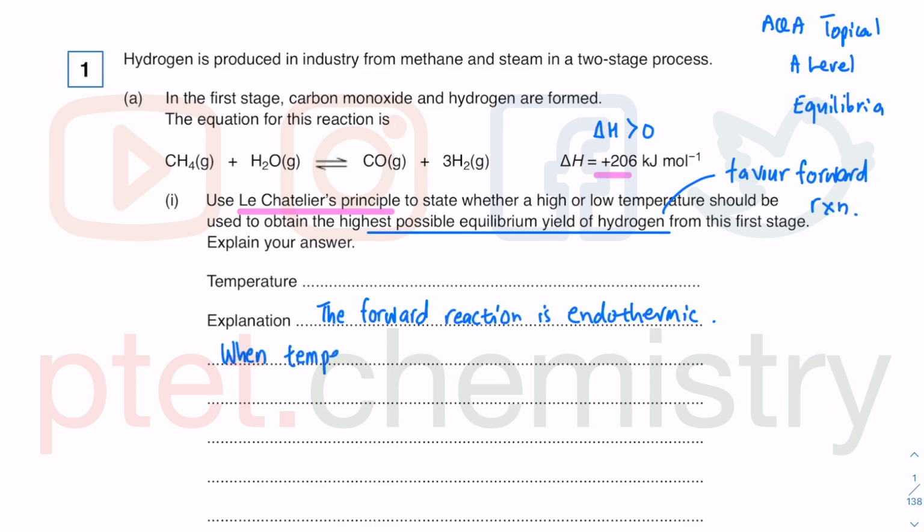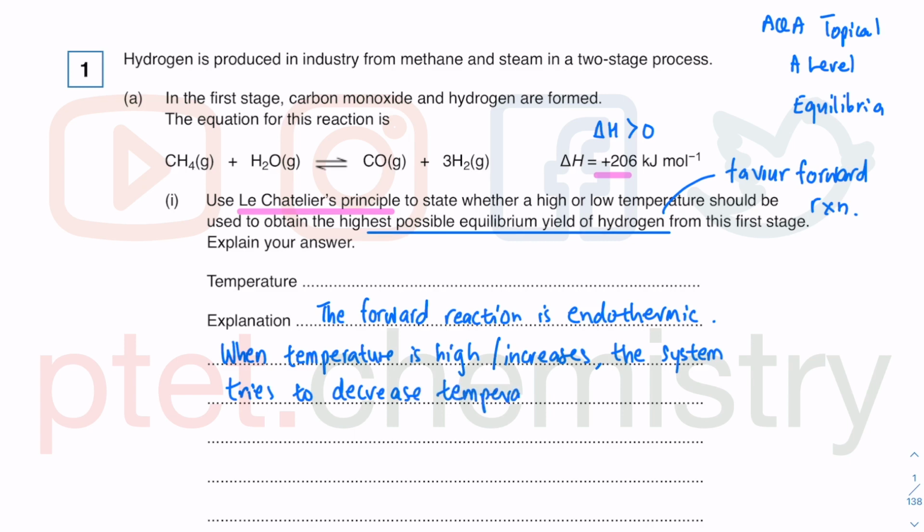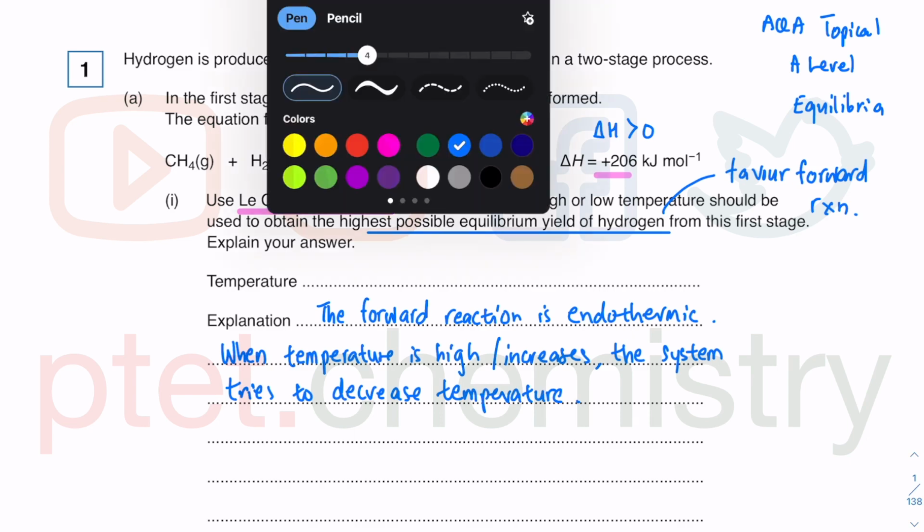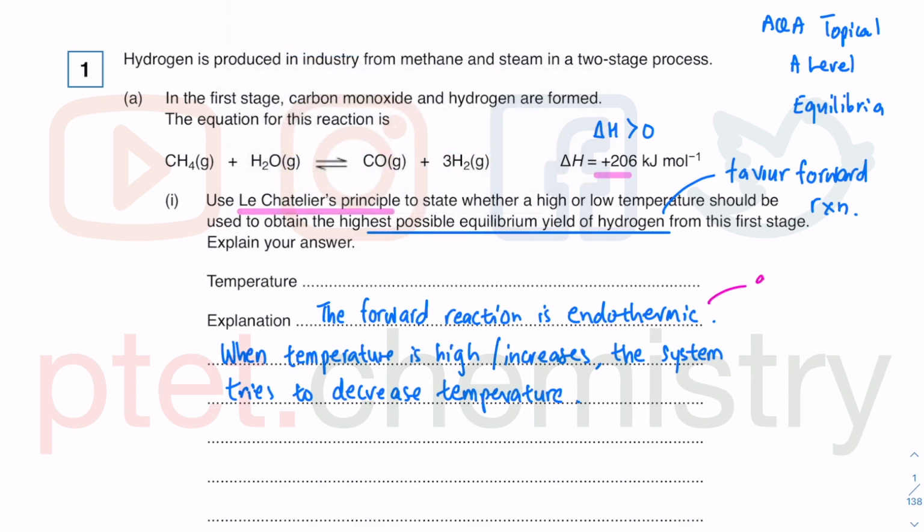At high temperature, when temperature increases, what happens to the system? The system, which is the equilibrium, will try to decrease the temperature. So how do you decrease the temperature? You read back what you had just written for the first statement here: endothermic.